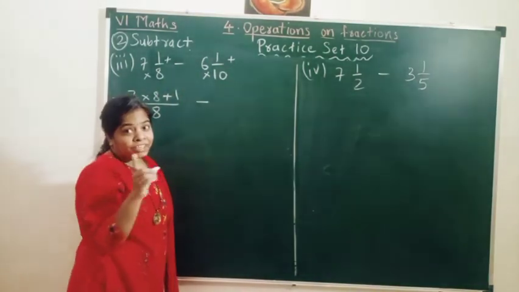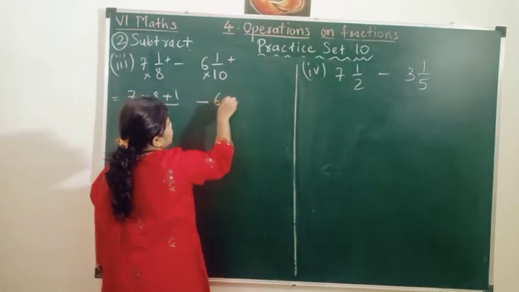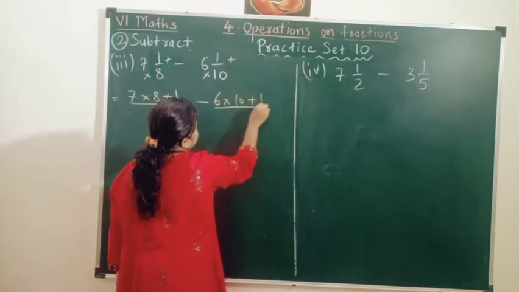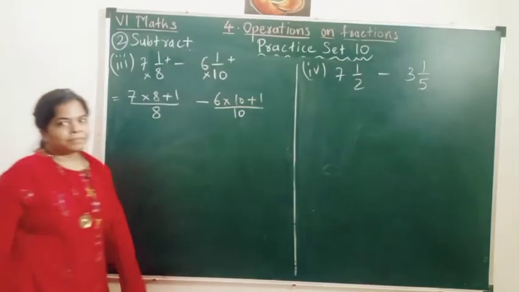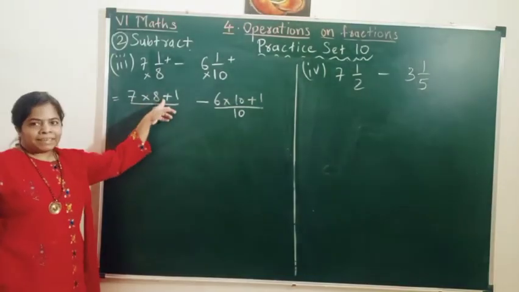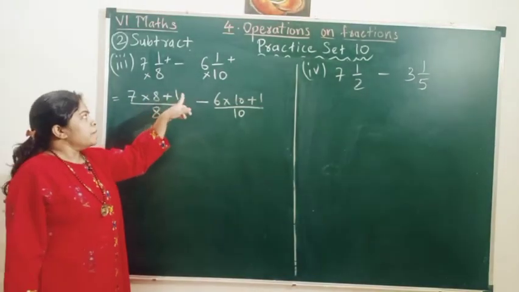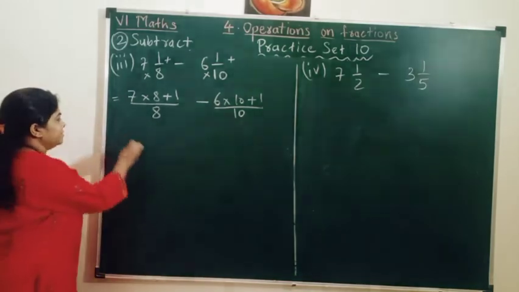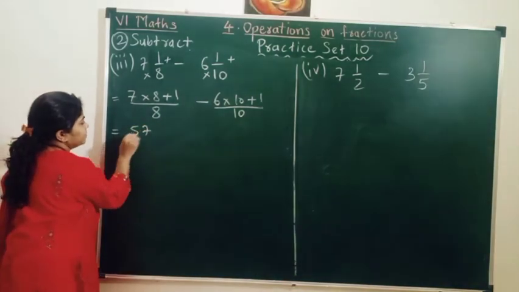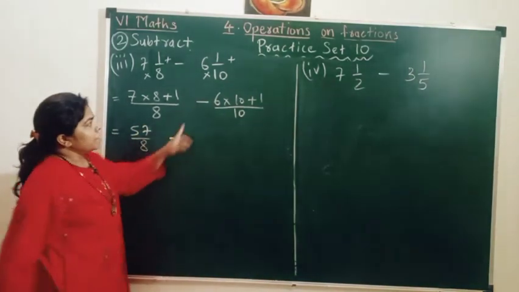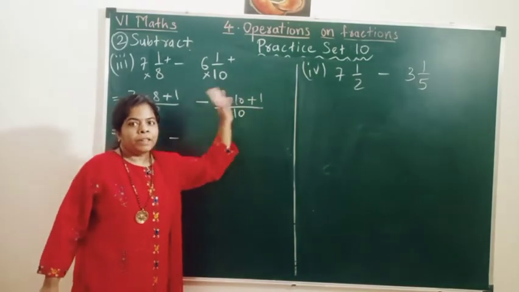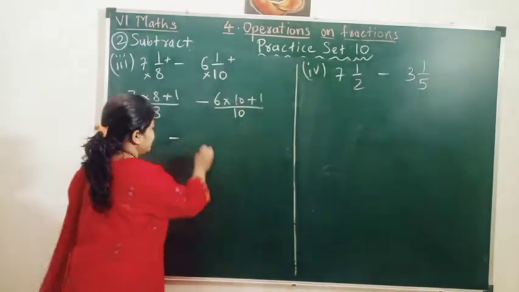There's a minus sign, children. 7 8s are 56 plus 1, 57. 6 10s are 60 plus 1, 61.